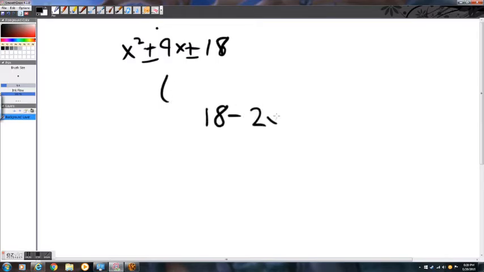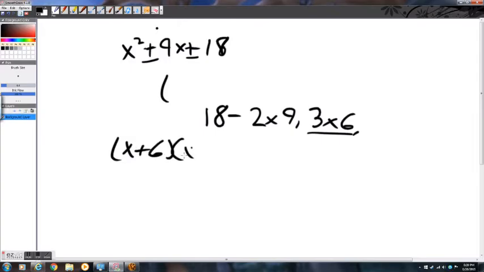So factors of 18 will be 2 and 9, 3 and 6, and you can see here, 3 and 6 add up to 9. So x plus 6 times x plus 3 is x squared plus 9x plus 18.